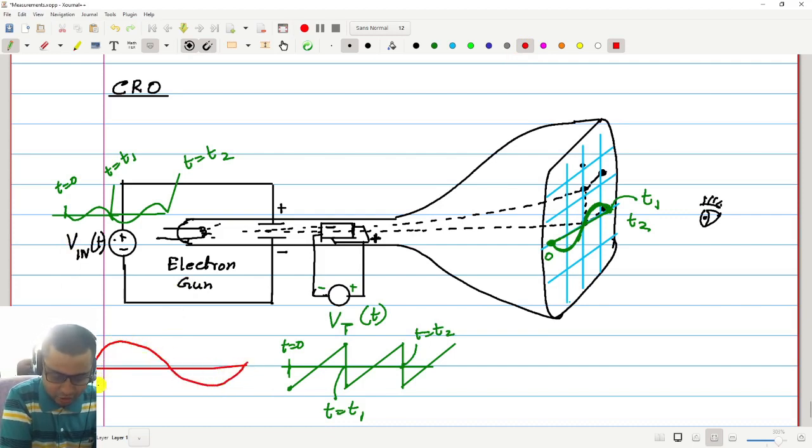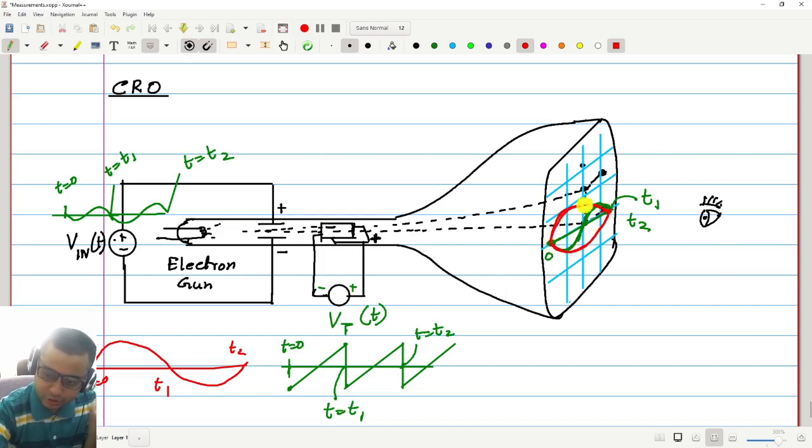This is time 0, this is time t1, this is time t2. So that means this frequency is half of this frequency. Then what will we see on screen? On the first cycle, the beam will move like this, and then on the next cycle, it will move like this. After that, again, it will move like this, then again like this.